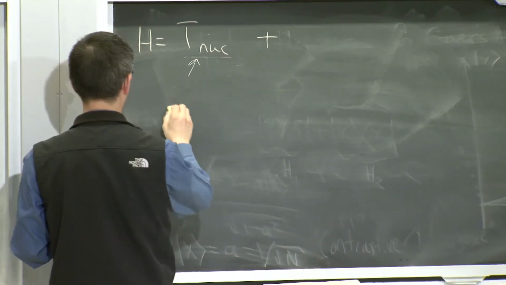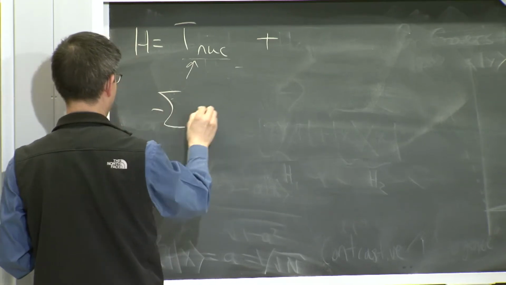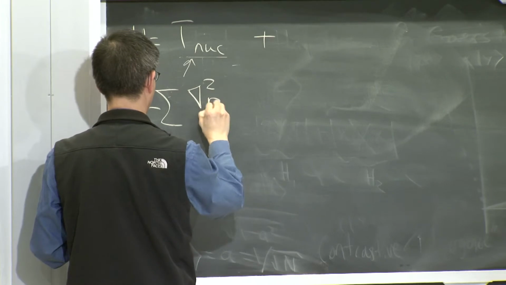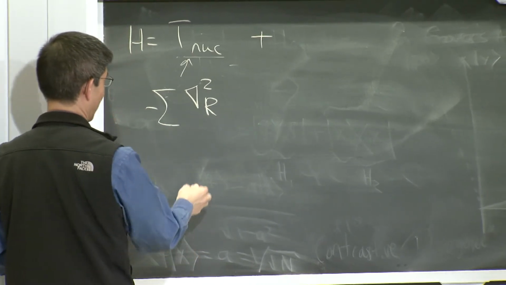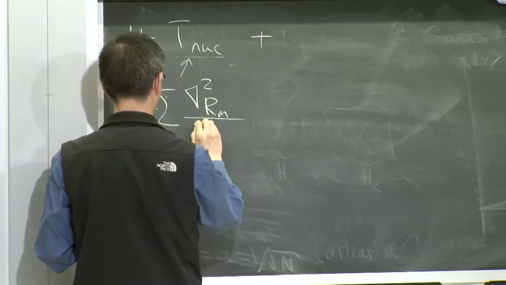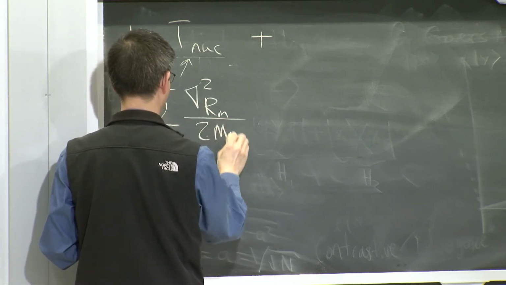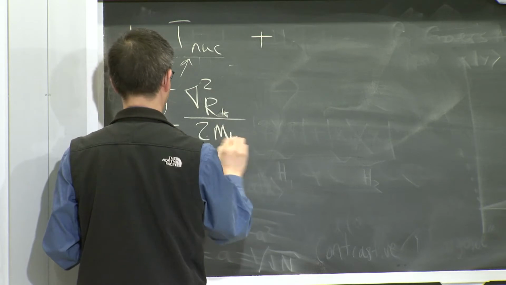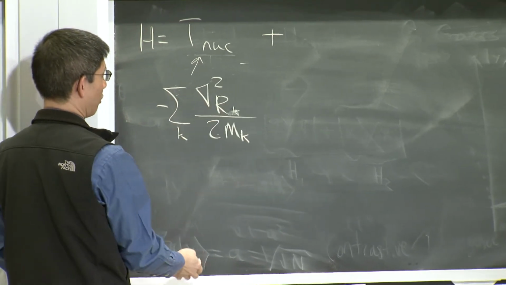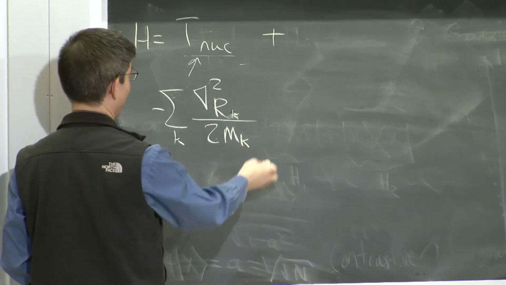Here we'll write it down in terms of three-dimensional derivatives, using notation which is common in the quantum chemistry world. So that's p squared over 2m sub k. The capital R will be the location of the nuclei. This is the mass of the nuclei.